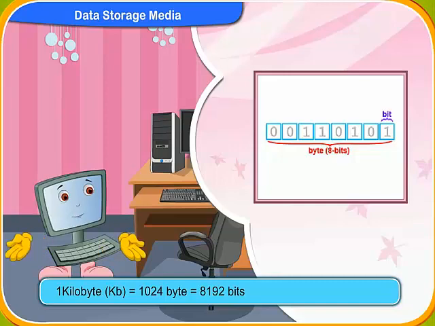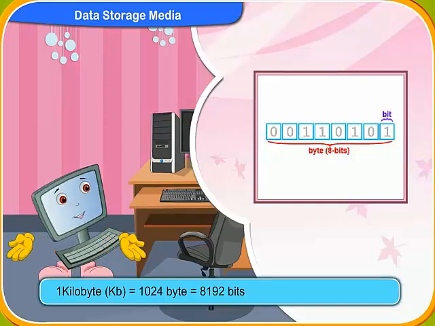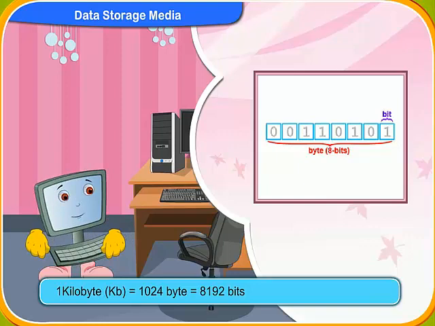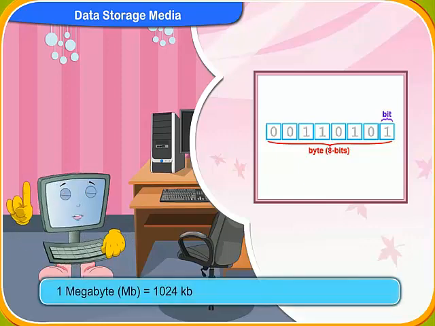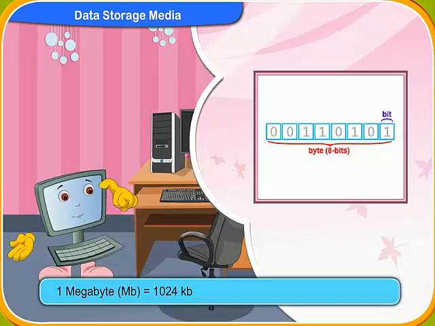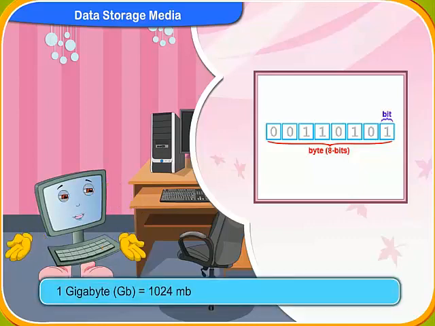So, 1 kilobyte contains 8192 bits. 1 megabyte is made up of 1024 kilobytes. 1 gigabyte is equal to 1024 megabytes.